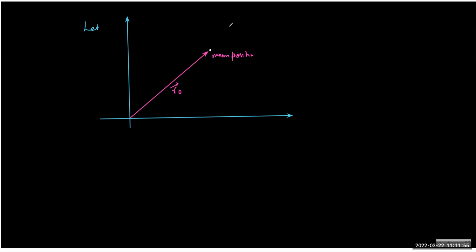Now you move this particle in some random direction. So this is how much you displace. And the new position vector of this new location is r.